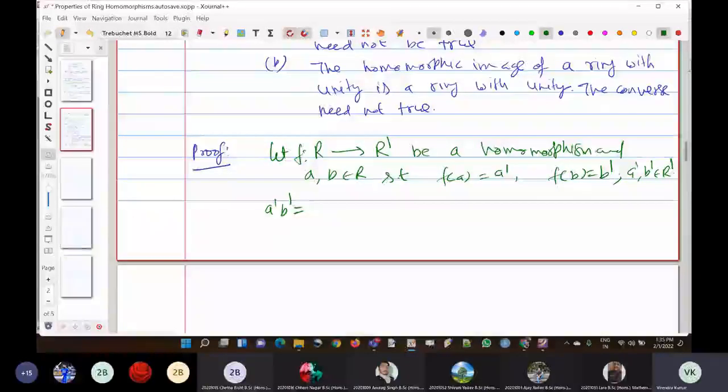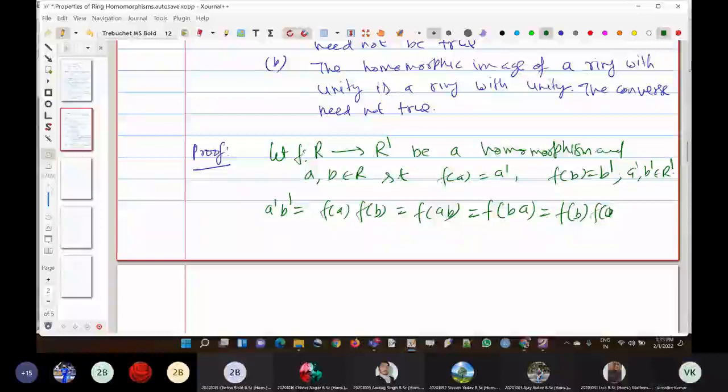Now, A dash is nothing but f of A, and B dash is nothing but f of B, and because this is a homomorphism, we can write f of AB, and because R is commutative, we can write f of BA. And again because f is a homomorphism, we can write like this.